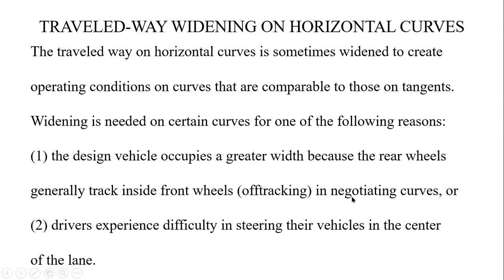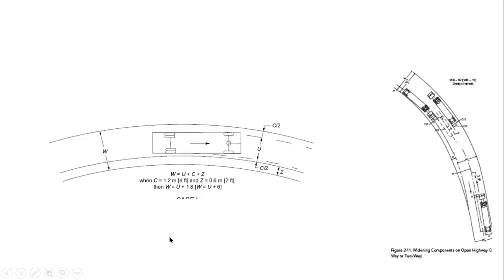So the vehicle gets offset, and the driver always experiences the vehicle in the center of the lane. This is a problem. This is flexible, it can move, and this is rigid. So this will have another path, and ultimately you will see the position of the vehicle offsetting.